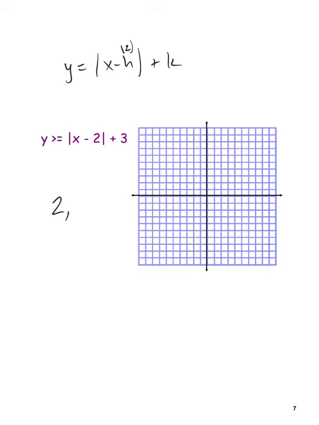So my vertex will be at the point 2, 3. So I'm going to go to 2, 3, put a dot. And again, I have no value in front of the absolute value, so my slope would just be 1. So I'm going to slope 1 up to the right from there, and 1 up to the left from there.